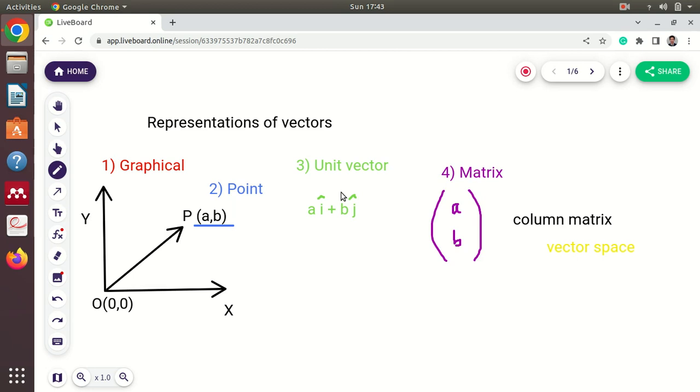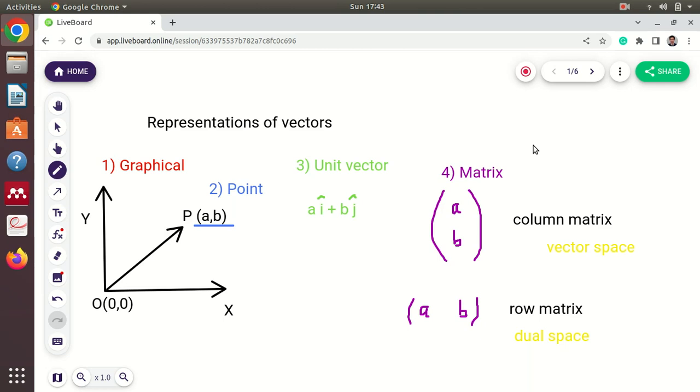That is the basic definition of a vector space. Sometimes you can see a row matrix, which can also be considered a vector, but it is in a dual space. All row matrices are also vectors, but they are in the dual space. I will shortly come to why we need dual space vectors and vector space vectors.